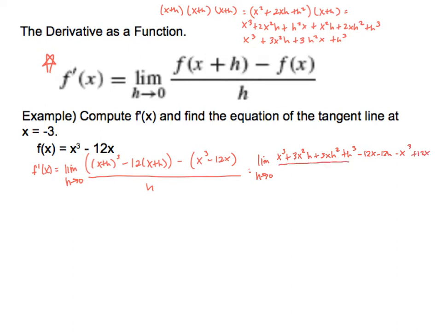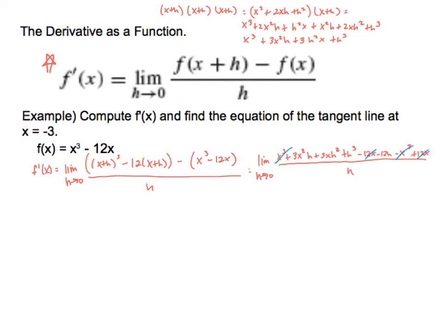Parentheses are so important because obviously the signs have to distribute throughout. Okay, so now we are looking for those terms that will cancel each other out. So remember, the non-h terms should cancel. So x cubed minus x cubed. Negative 12x, positive 12x. Now every term that is left still has an h in it.